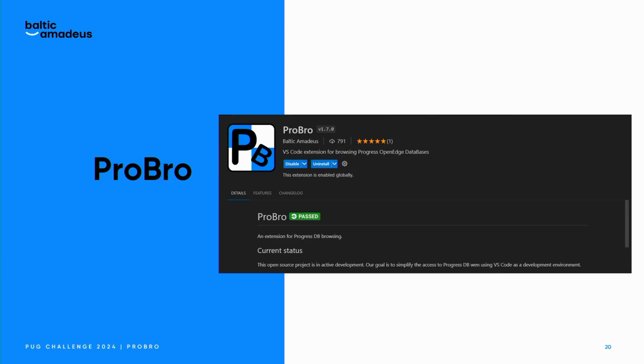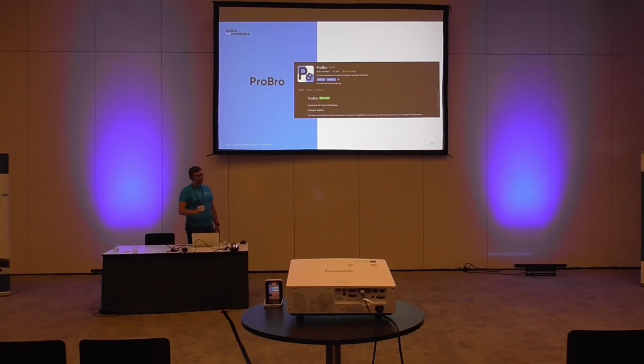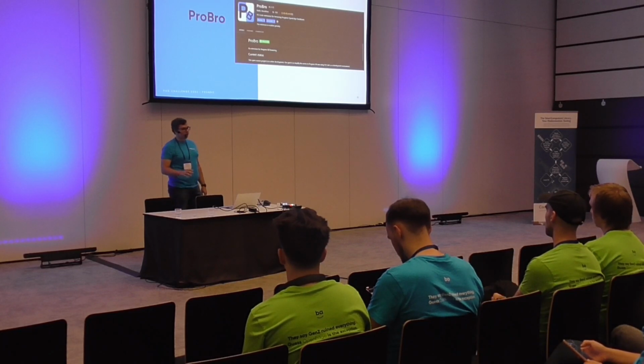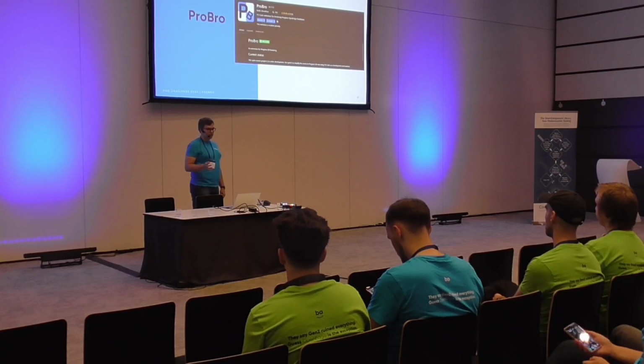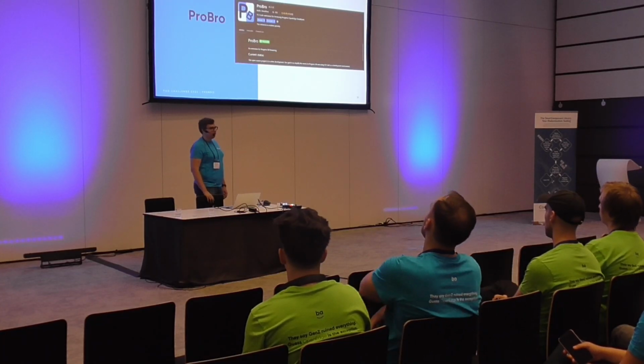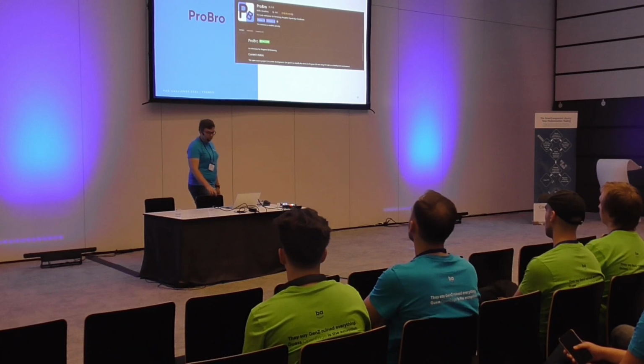Now I will try to briefly introduce, because I think some of you saw it maybe last year or the year before, or tried it yourself. Two years ago we created this ProBro extension, which is aimed to provide a browsing function for the database in VS Code, something similar to Data Digger, but on VS Code.